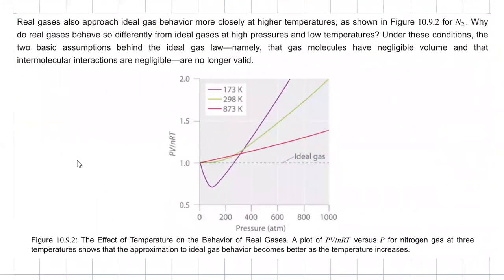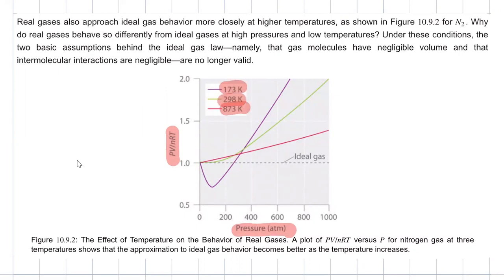So this graph is showing us the same kind of thing, but this time it's got a little bit of a difference. Look at these three curves on this graph. It's still PV over nRT. It's still pressure, again those huge pressures from 0 to 1,000 atmospheres. But now these curves are not different gases. These curves are different temperatures.